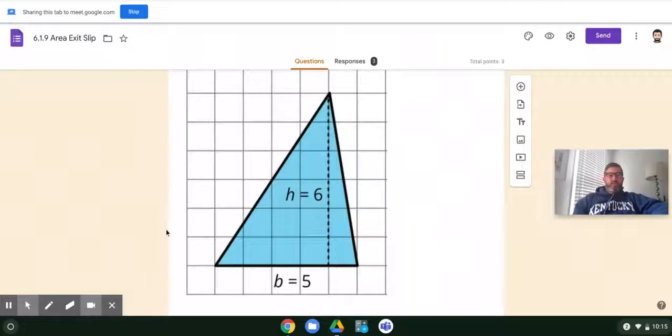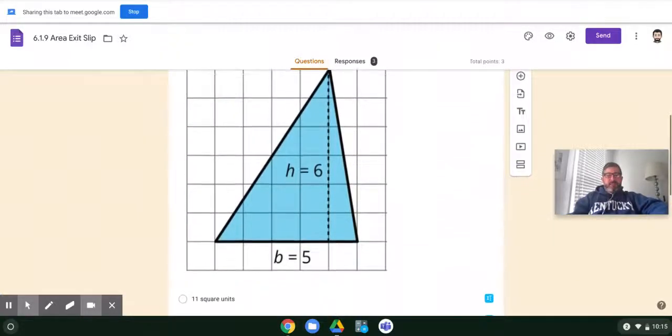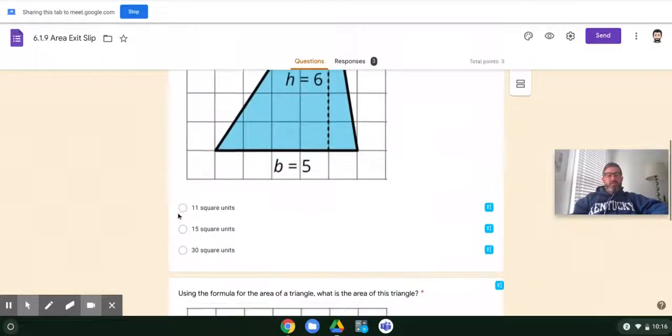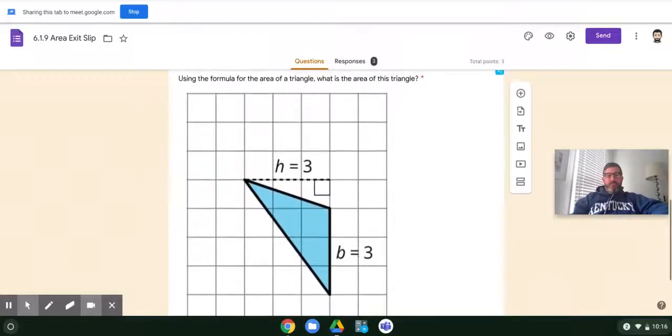What is the area using our formula? Base times height divided by 2. 15, that is correct. So we multiplied 5 times 6, which is base times height, and that gave us 30. And then we divided that by 2, which gave us 15. Nice job. Let's do another one.